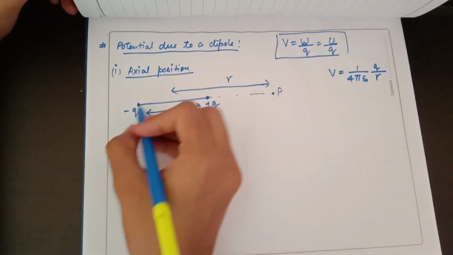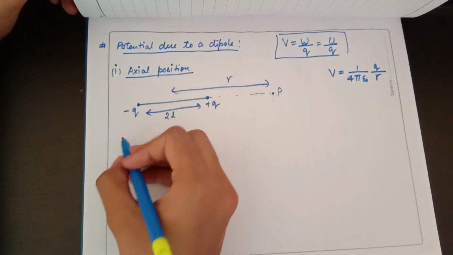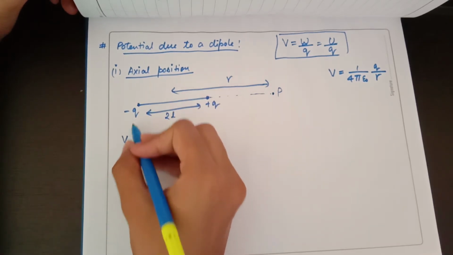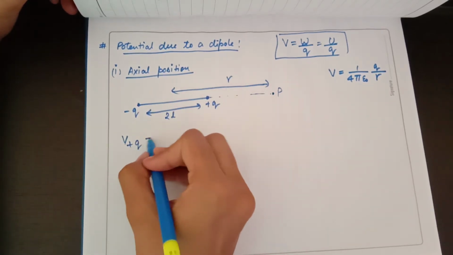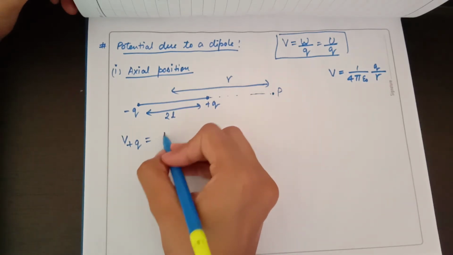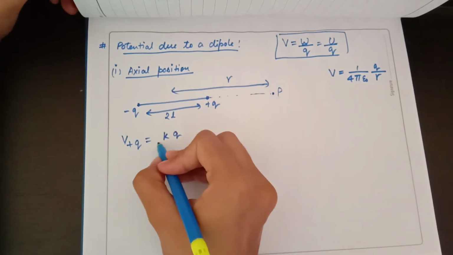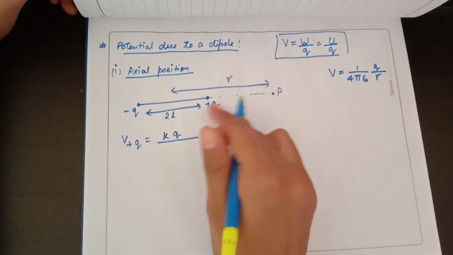So for these charges, what will be the value of potential? V for plus Q, I write it first. It will be equal to KQ divided by R. What is the value of R?